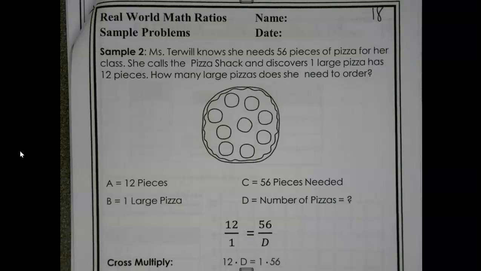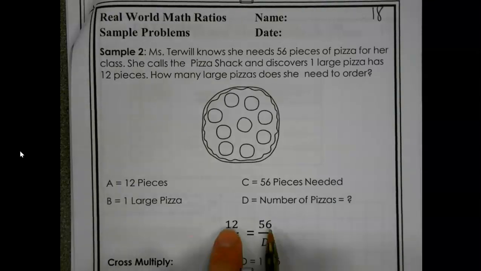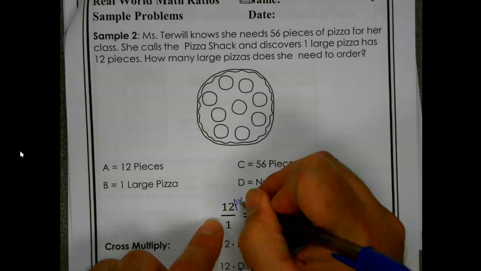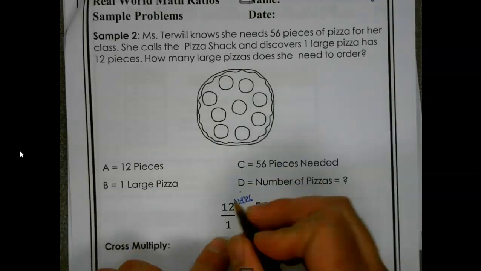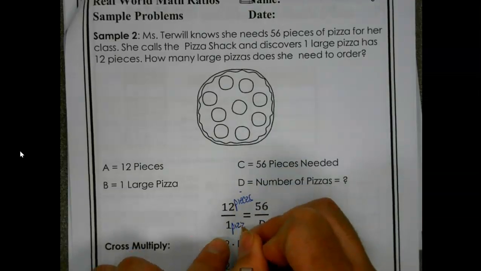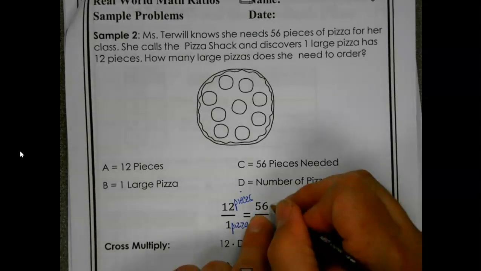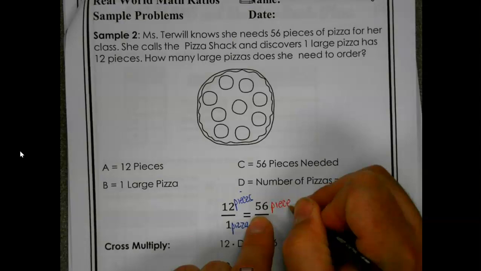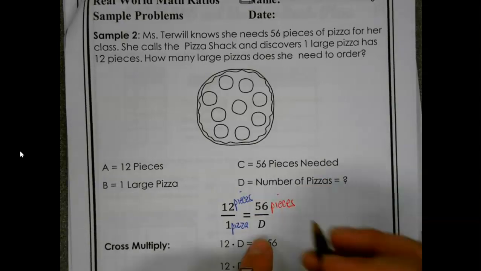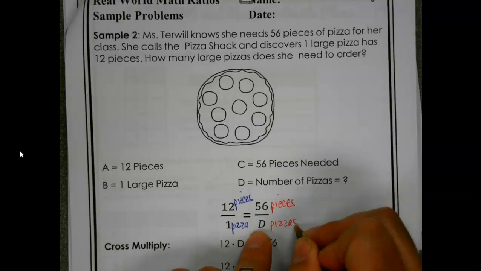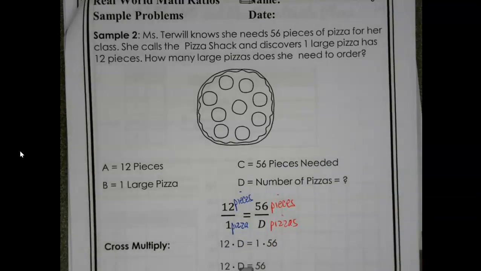So we're back again, making sure that our pieces, 12 pieces in one pizza, but she needs 56 pieces, and we don't know how many pizzas yet.